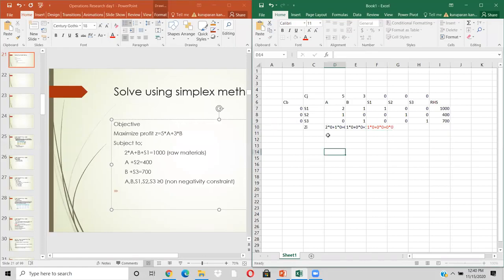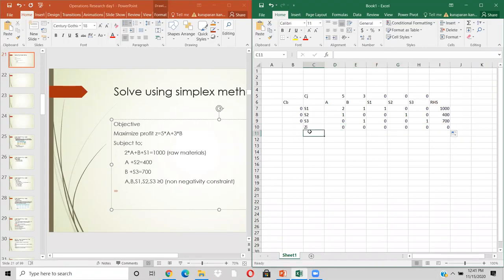Okay, so for all these rows the values will be what? 0. Why? All are multiplied by zeros and added, so it's 0.